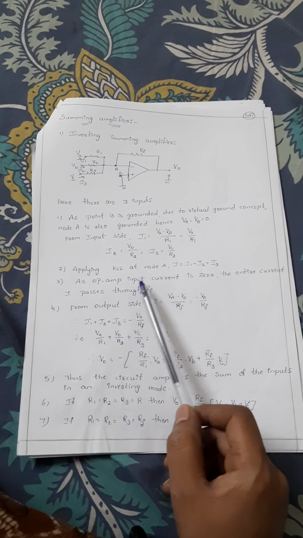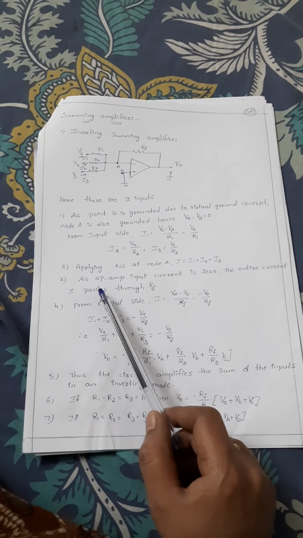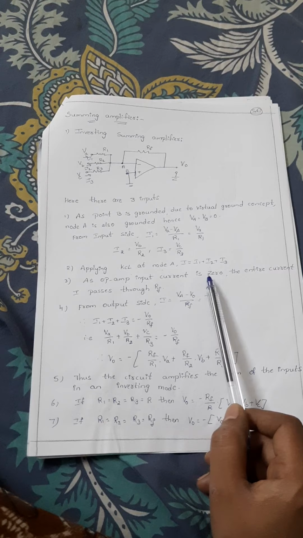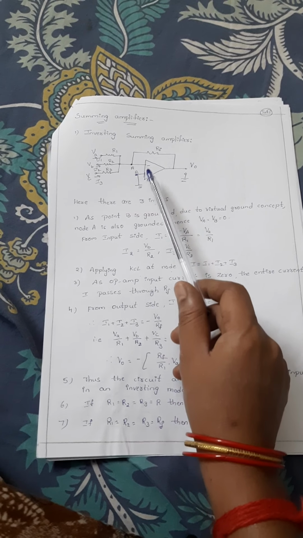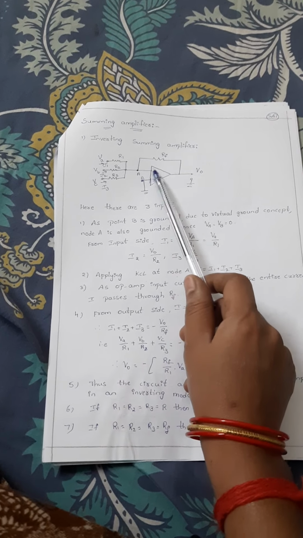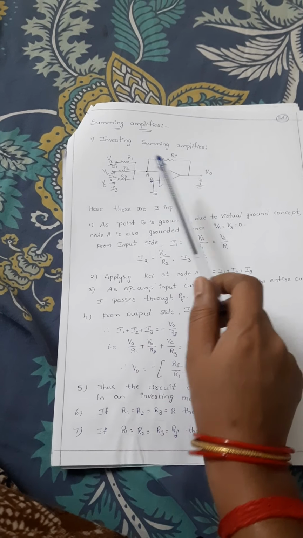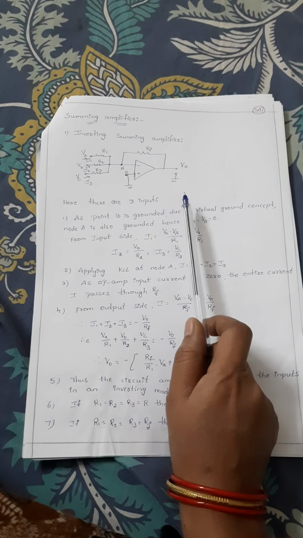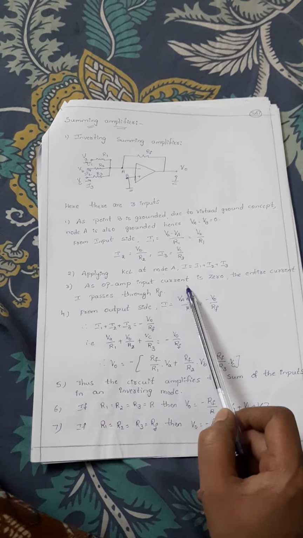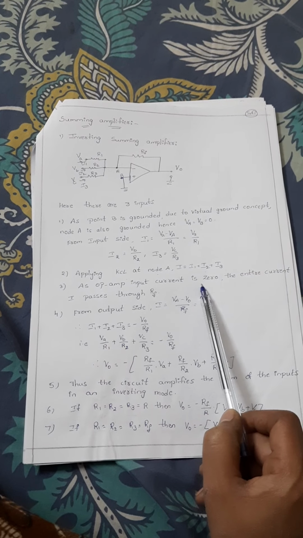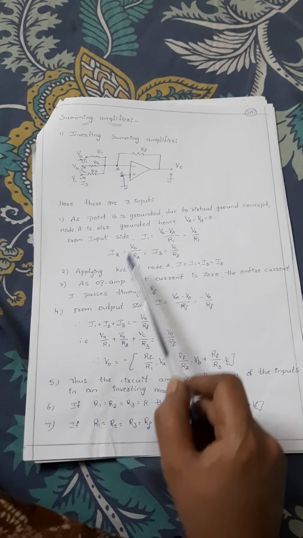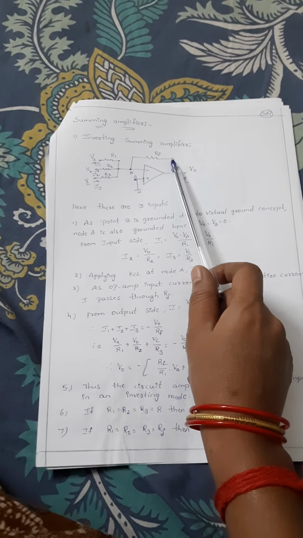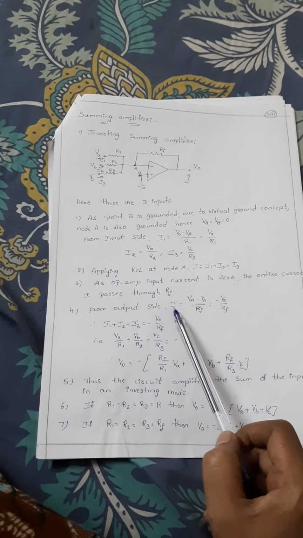Substituting all these values, it is written here that the op-amp input current is 0. The op-amp won't allow any current to enter. Here the op-amp current is 0, not the total current. Read the lines very carefully. The op-amp input current is 0, so this entire current I passes through RF.